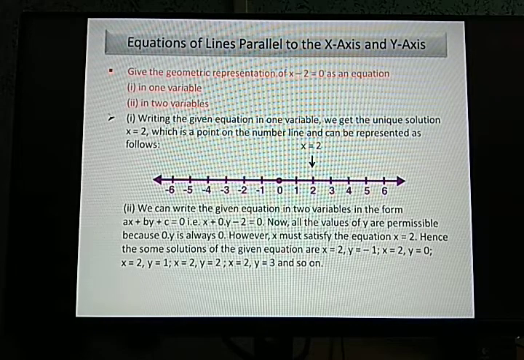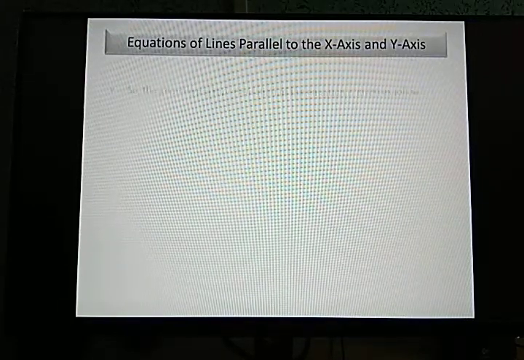Just one thing that will remain fixed is the x value, because x must satisfy the equation x minus 2 equals 0. So it will remain as it is, and the y value can be anything. All the values of y are permissible here. Clear? So let us see how the graph will look if we plot these points.